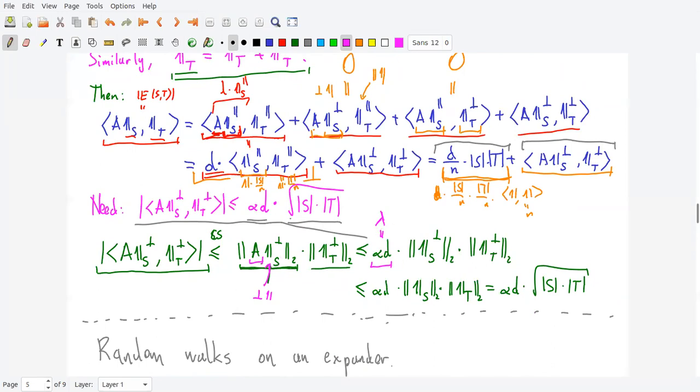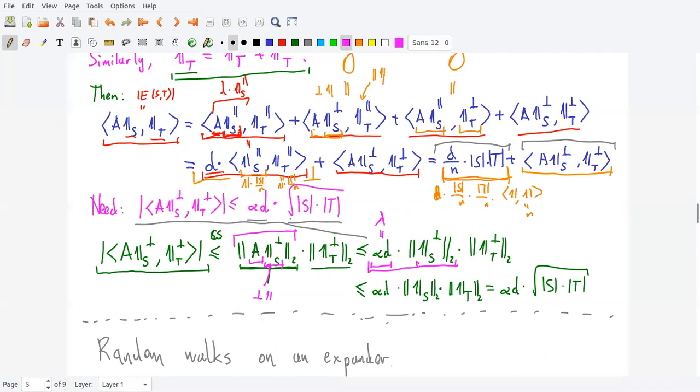So here we are using the fact that we are now looking at a vector that is in this space where A is only scaling by small numbers. It's not scaling by the whole D, it's scaling by at most alpha times D. So now the L2 norm of A applied to the perpendicular part is upper bounded by alpha times D times the norm of this vector.